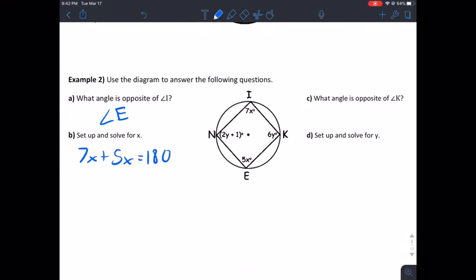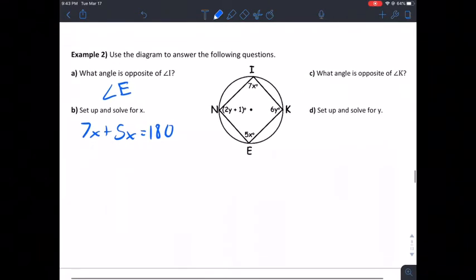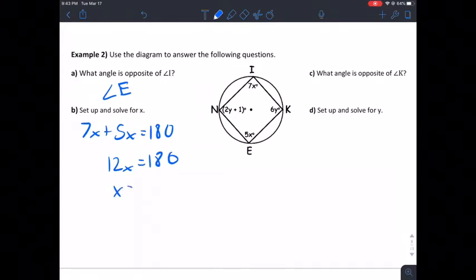One big thing I want to warn you against: make sure you're not setting these equal to each other. I does not necessarily equal E. They could, but what we do know is that they are supplementary. So you have to add them up and set it equal to 180. We do that, and we end up with 12X equals 180, and we get X equals 15.